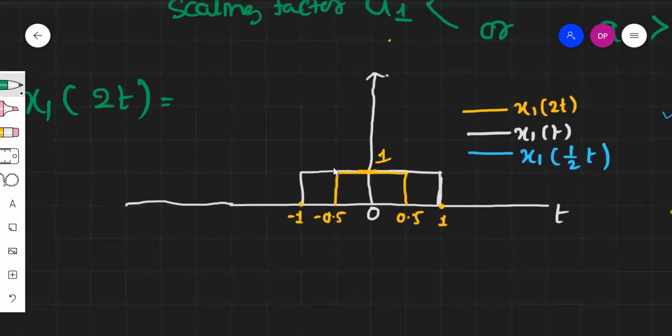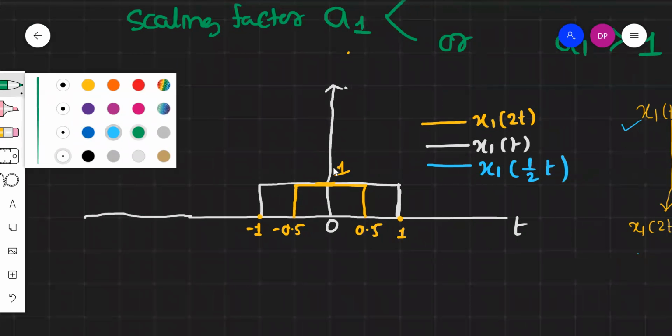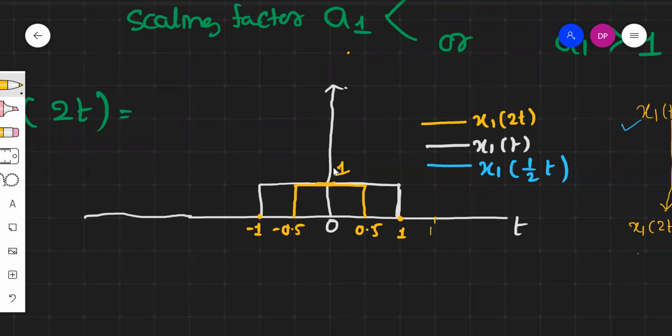Let's go to our figure. When someone says x1 of half t, I'm going to plot it in sky blue color, and let's plot this. This is 1.5. This is 2. This is 2.5. On the negative side, this is -1.5. This is -2.